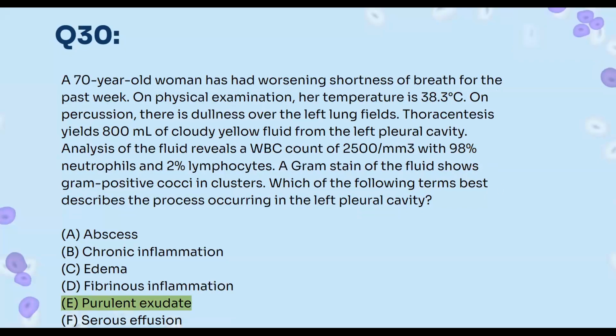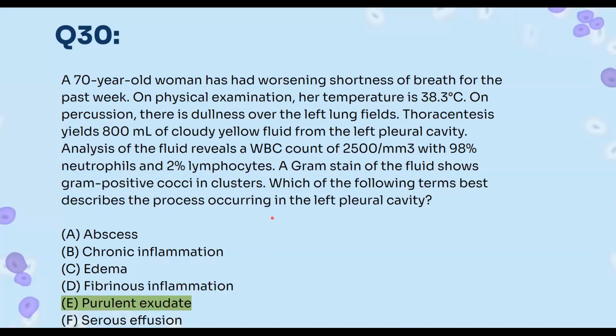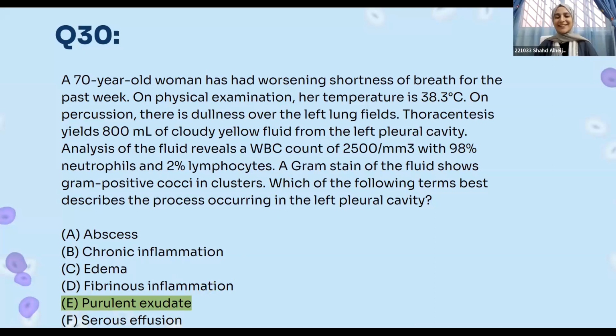This white fluid is pus, and another name for pus is purulent fluid. Exactly. So what is a third name for this process? Suppuration. Suppurative. Exactly. So this is suppurative or purulent exudate.